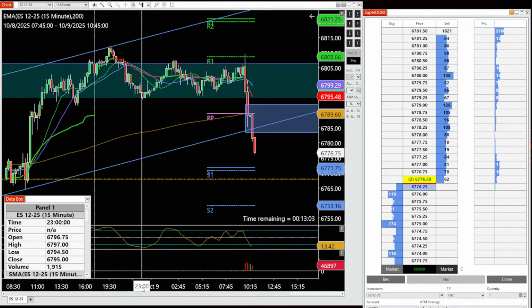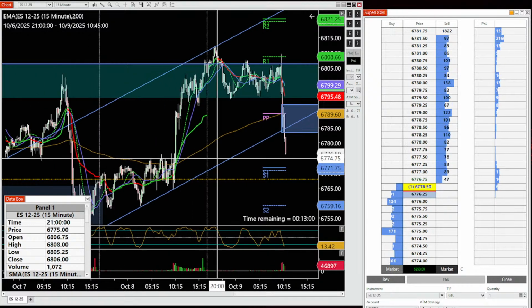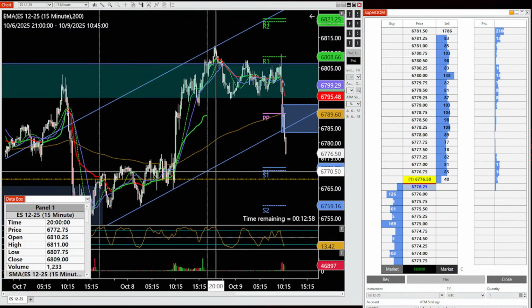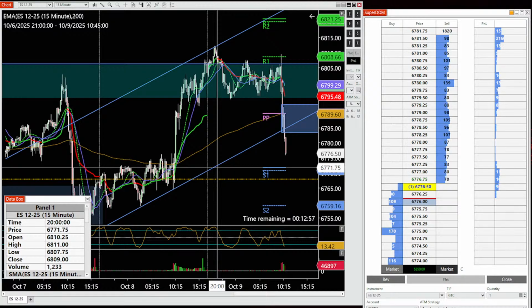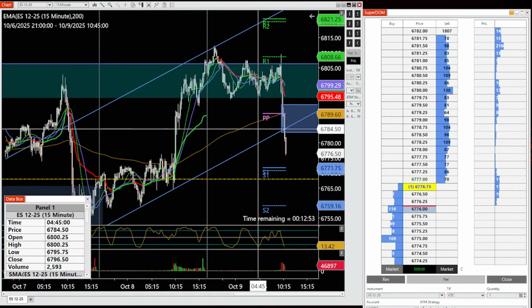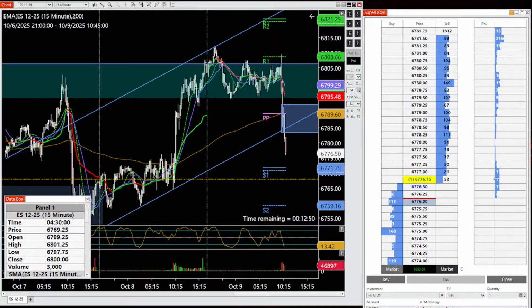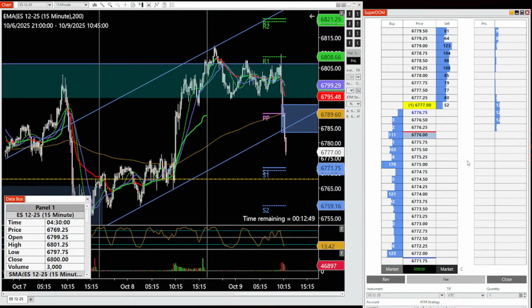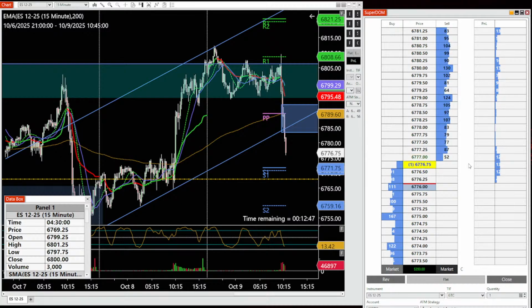There we go. We came back down into this area. $85 to 75 was in the trade. Didn't take it. Hit 76. Still going.